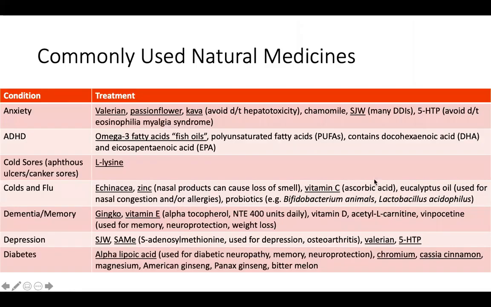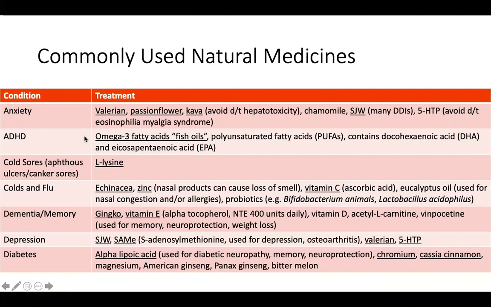So now we're getting into natural medicines. I have 3 slides worth of these. I have underlined the ones that are underlined in the RX prep book that they deem, I think, the most important to know. So for anxiety, valerian, passion flower, kava, and St. John's wort, although we want to avoid that due to hepatotoxicity, have some others listed there.